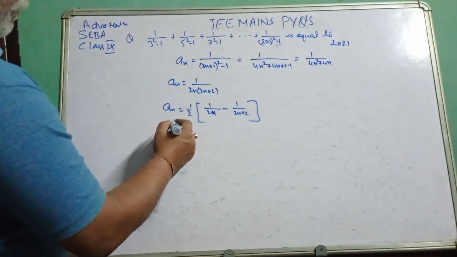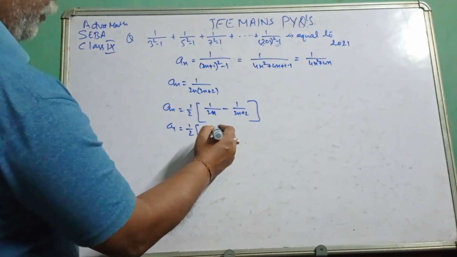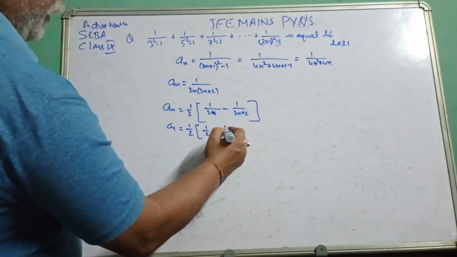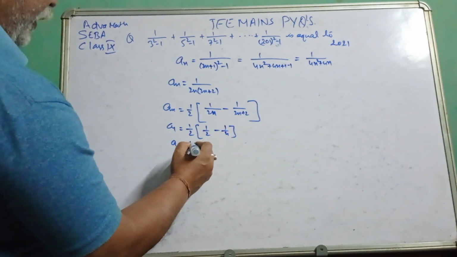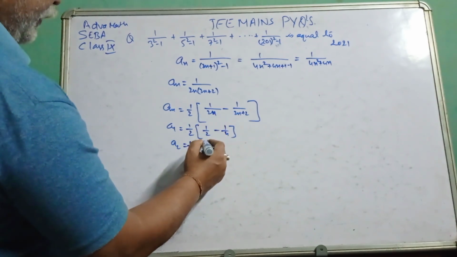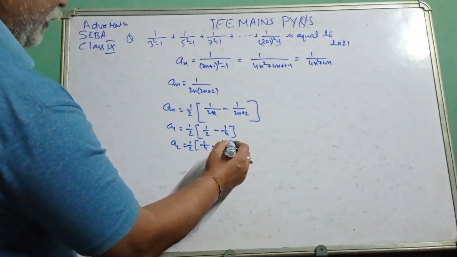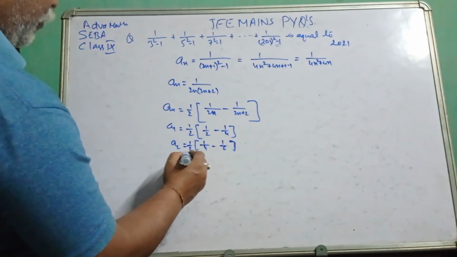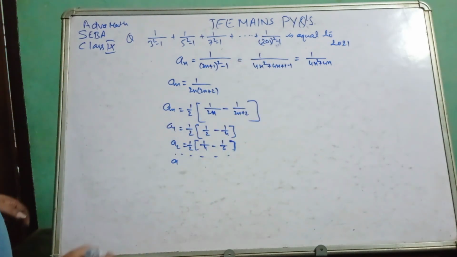So your a1 will be 1 by 2, times 1 by 2 minus 1 by 4. Similarly a2, 1 by 2, this will be 1 by 4 minus 1 by 6. Similarly it will go on, and the last is 201.